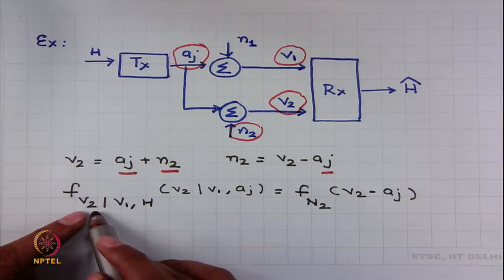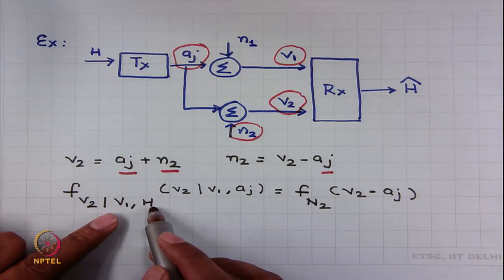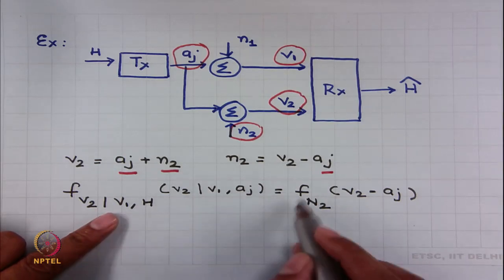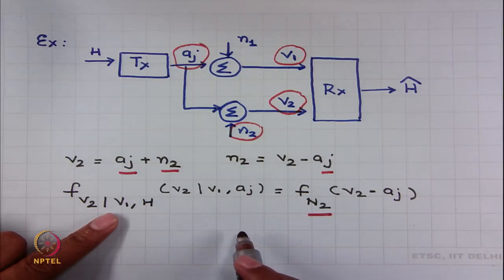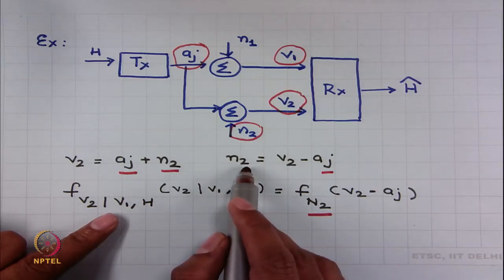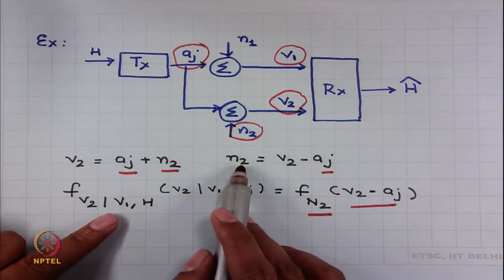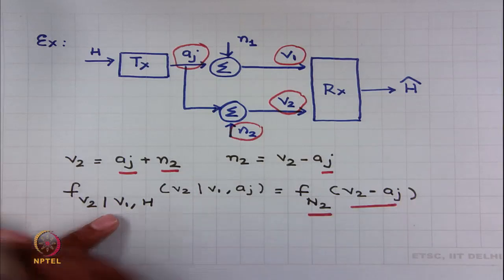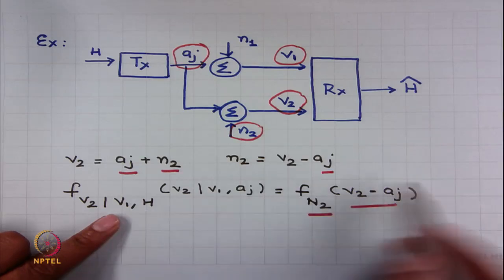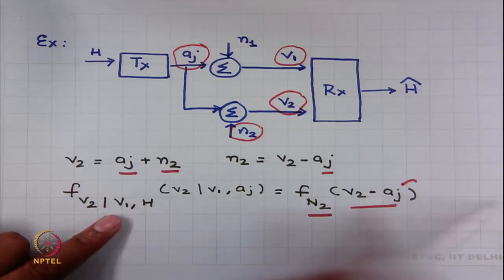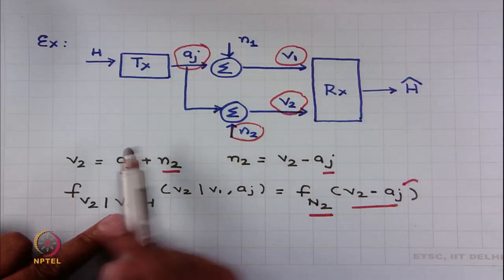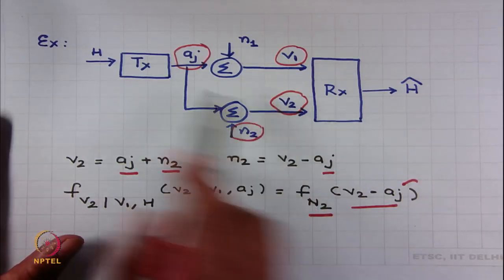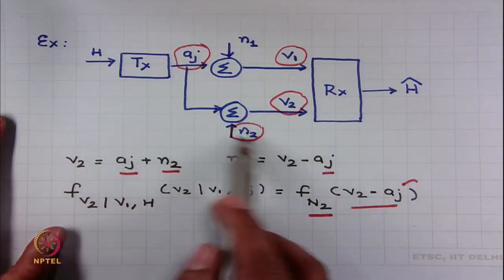Thus, the conditional probability density of V2 given V1 and H, if this has been given to us, is simply given by the PDF of the noise random variable taking in a numerical value of n2, and in that case the numerical value of n2 that it has to take is V2 minus Aj, and hence the conditional probability of V2 given V1 and H is a function of Aj, is a function of hypothesis, and hence this V2 is not irrelevant for the receiver, and it is quite obvious because this V2 is a function of Aj and is also a function of n2.